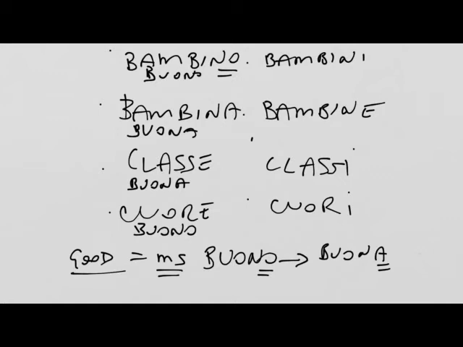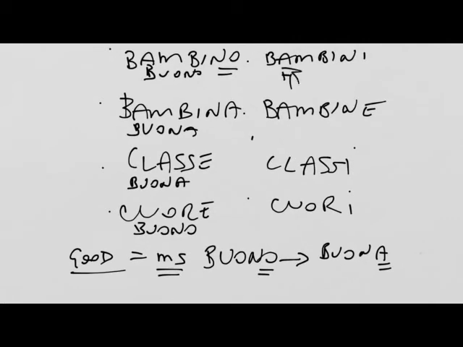I'm sure that now you know how to do the plural. Buono becomes buoni. Bambine will be buone, right? A, e. Classi, feminine, buone. And cuori, buoni.